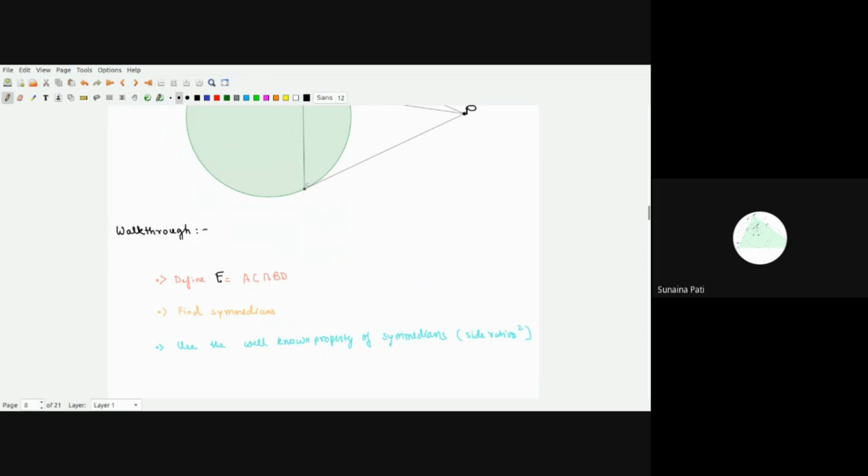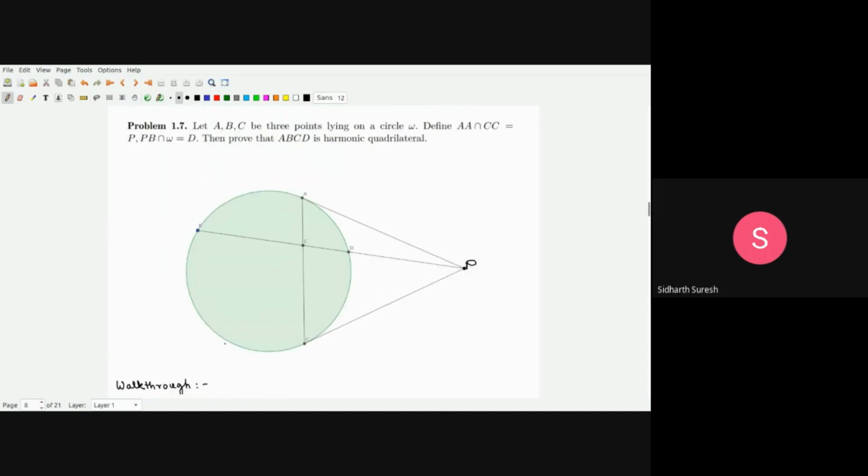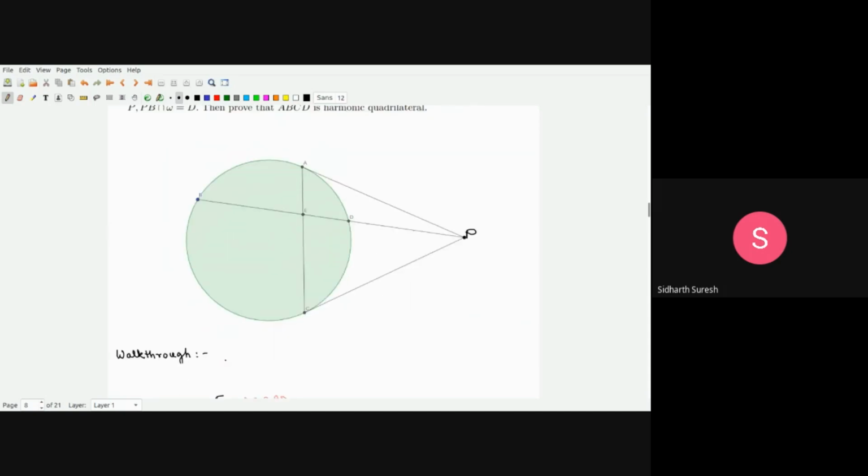Then Pranav, you can wait, it was not Pranav, it was Sid. Sid, you can share your elegant proof. Like that circle to circle projection, if you do it at P, A and C will stay the same and B and D will swap. So you're projecting from P from the circle to itself.